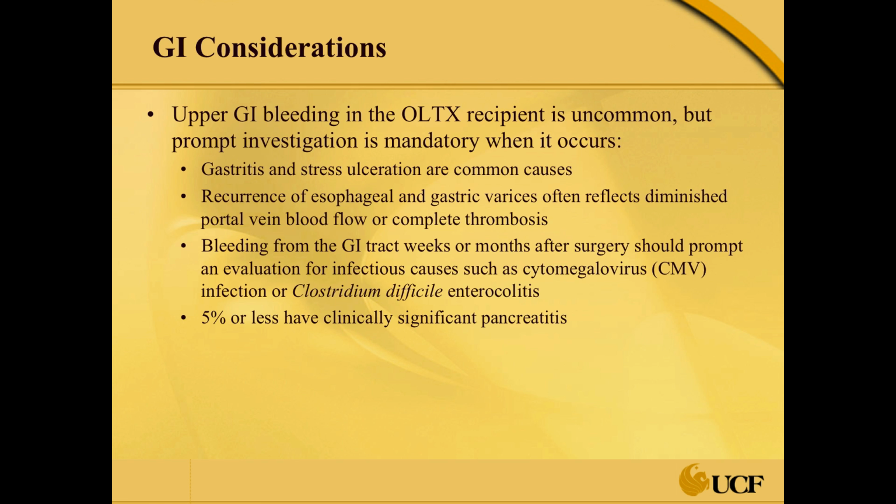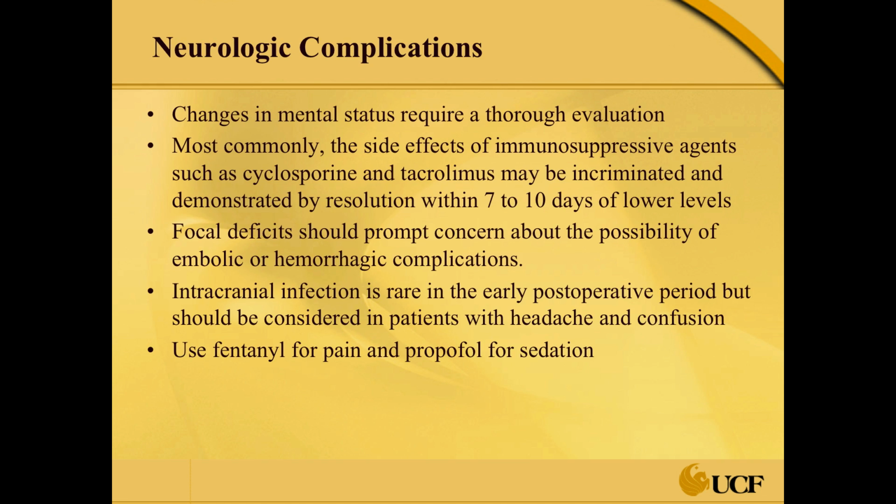But bleeding from the GI tract weeks or months after surgery should be a clue that the patient probably has infection, so this could be something like CMV or C. diff. 5% or less might even have clinically significant pancreatitis.